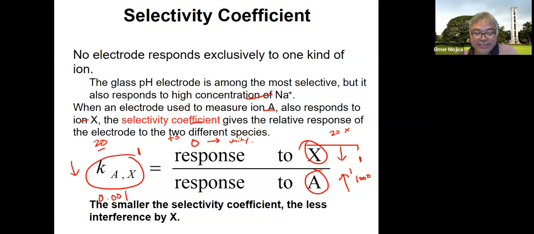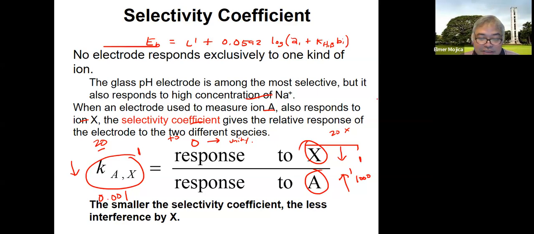Now, how is this selectivity coefficient included here? So we have this boundary potential, then you have the L plus 0.0592 log of A plus K_HB P1. So K_HB, that is the selectivity coefficient.